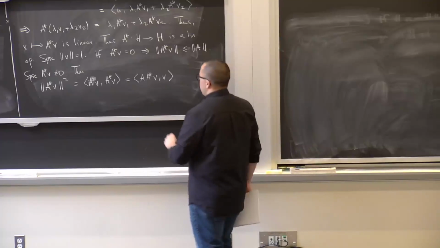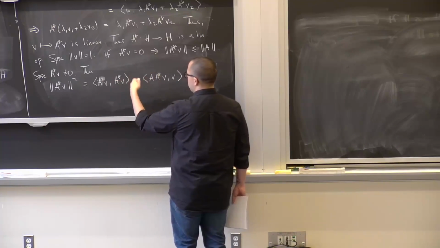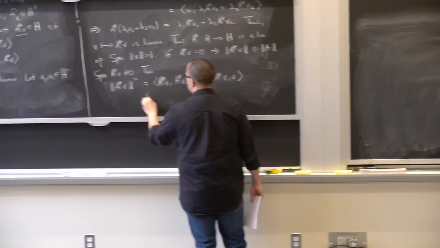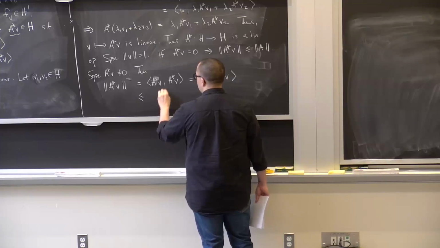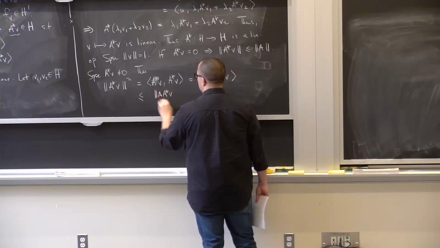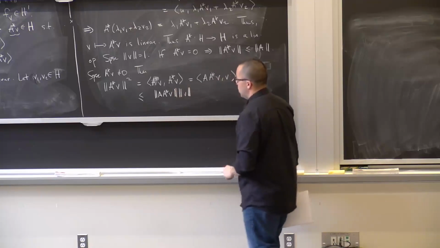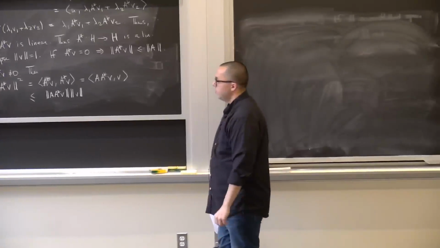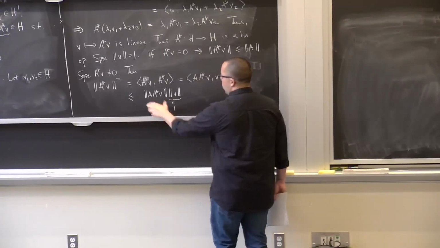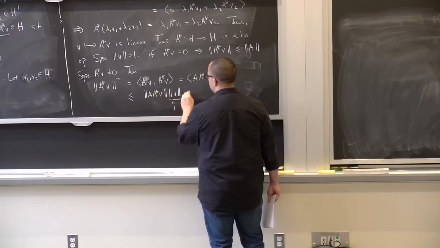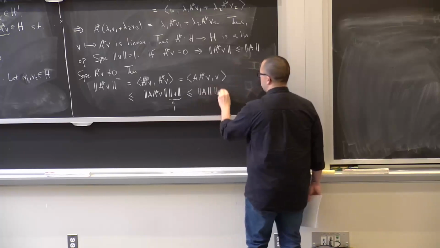And by Cauchy-Schwarz, first off, all of these numbers are real, so it makes sense to write less than or equal to the norm of A A star v times the norm of v, which equals 1. And the norm of A applied to A star v is bounded by the norm of A times the norm of the input, which is A star v.